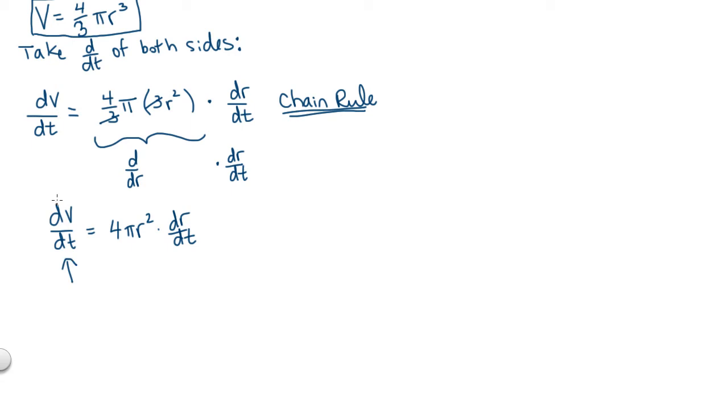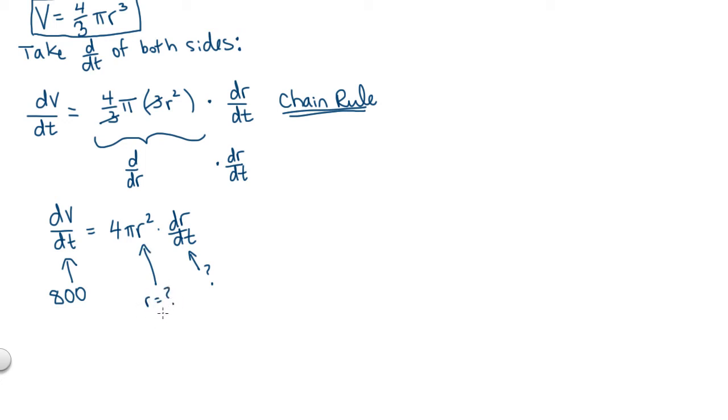We wrote down right at the beginning of the problem that dV by dt was positive 800. That's the rate at which the volume is increasing. dr by dt, well, this is what we're trying to find here.